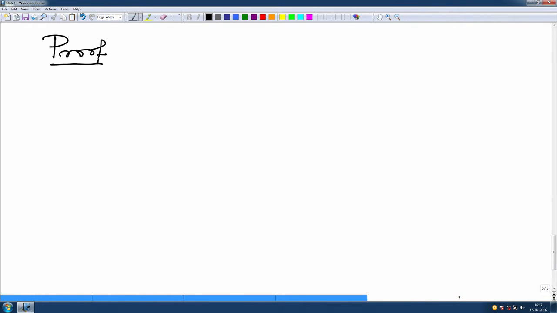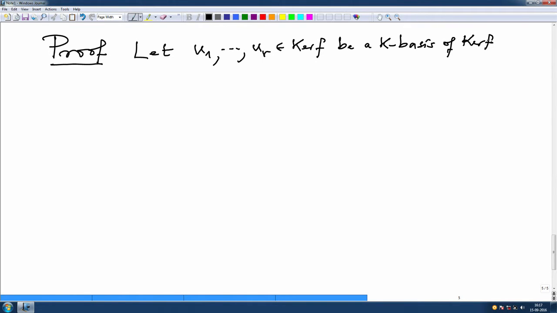We know the kernel is a finite dimensional subspace. So, I can always choose a basis for the kernel. So, let U1 to UR in the kernel of F be a k basis of the kernel of F. And we have learned that whenever you have a basis of a subspace, we can always extend it to a basis of a bigger space.